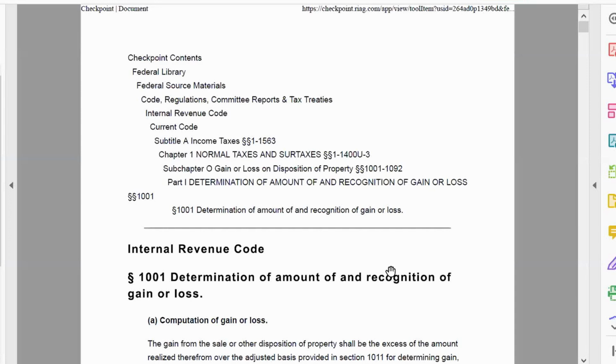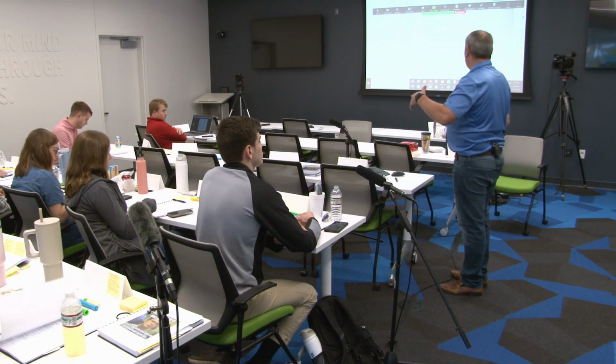Okay, we're going to get back to it. We talked earlier about 1001 and the fact that 1001 impacts lots of things. I stole some of the slides and put them at the beginning when we were talking about the C Corp rules that apply to both S and C Corps, and the exceptions. 1001 is a concept of proceeds compared to basis to get a gain or loss. And we talked about 311.